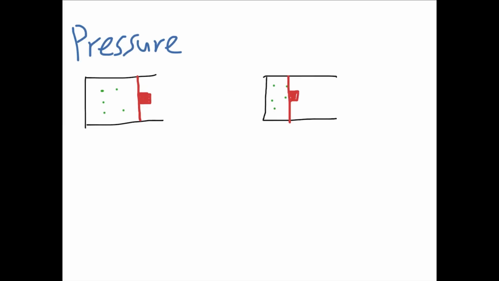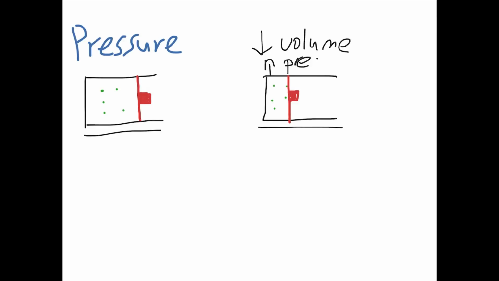The next factor that can affect the reaction rate is pressure. If we look at these two diagrams, we can see that they have the exact same amount of particles inside. It's just that there is more volume on the left side than on the right. The one on the right has a lower volume, and in turn, that means a higher pressure.